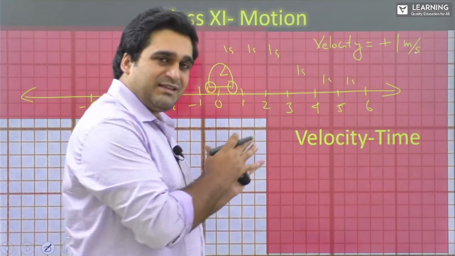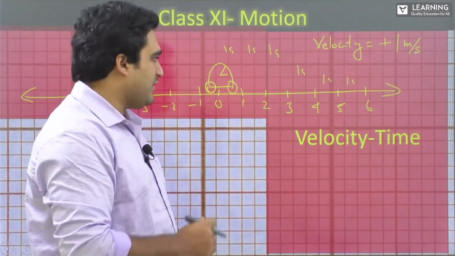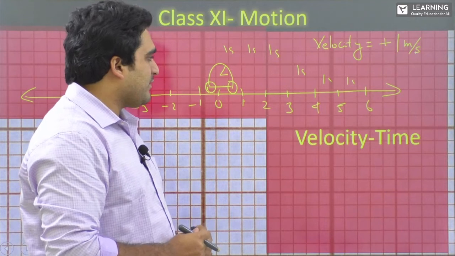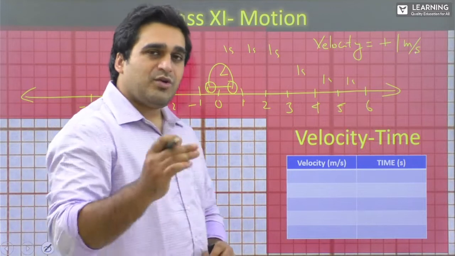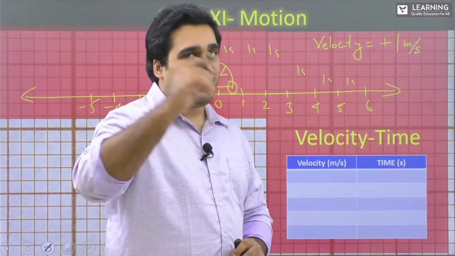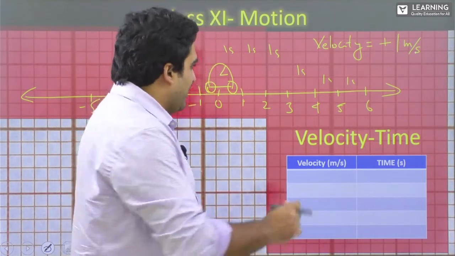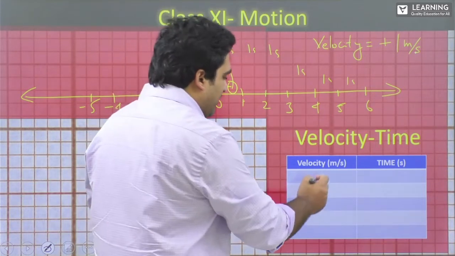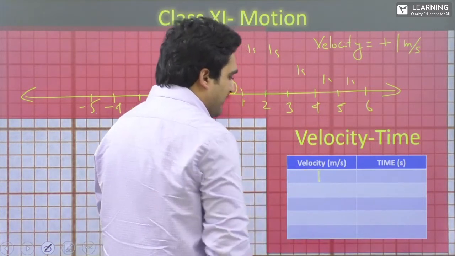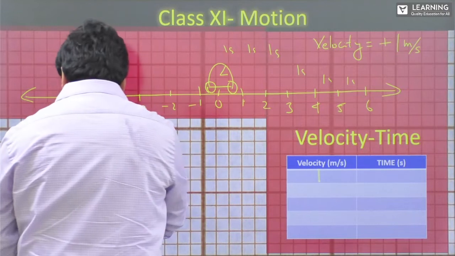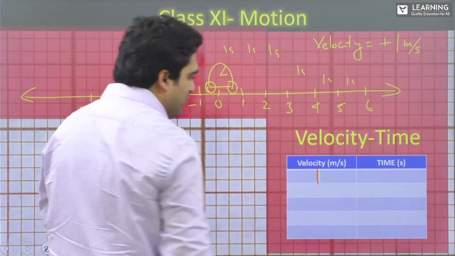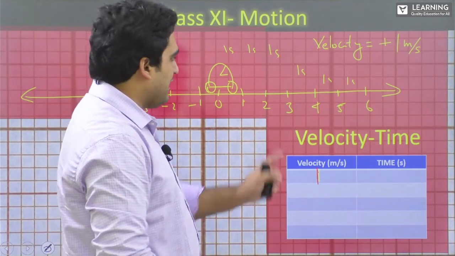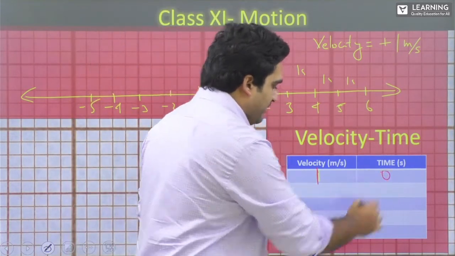Now let us do one thing. We will take this set of information and plot it. Now, how is velocity changing over time? Velocity in the first moment is 1 meter per second. Velocity at the first moment is 1 meter per second as the time is 0.